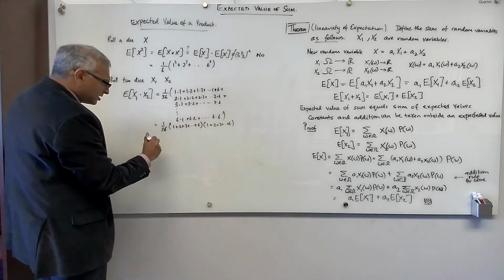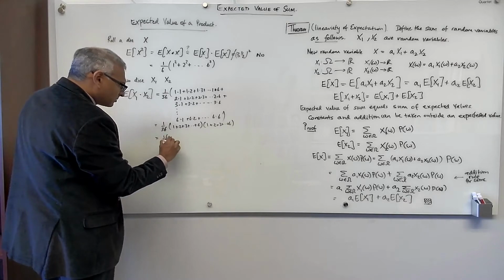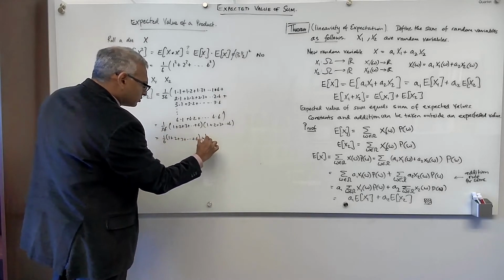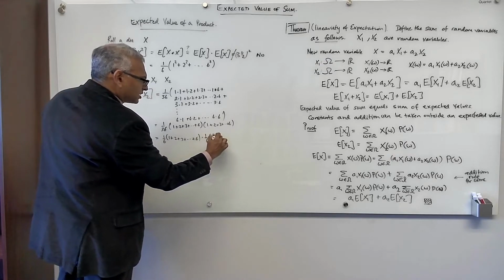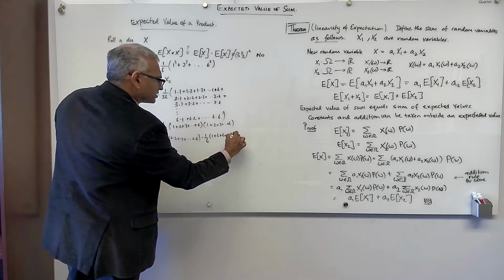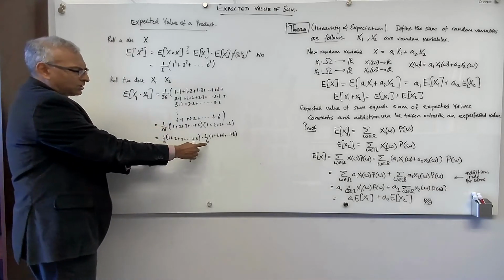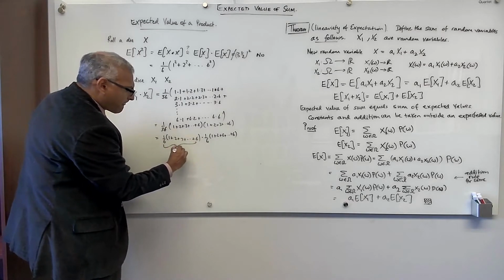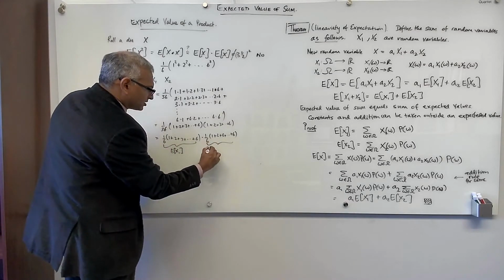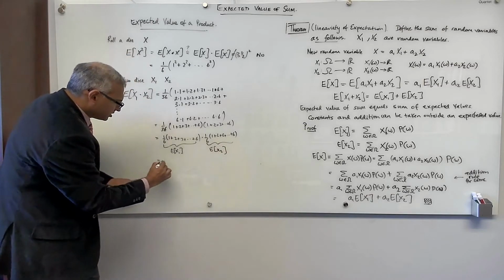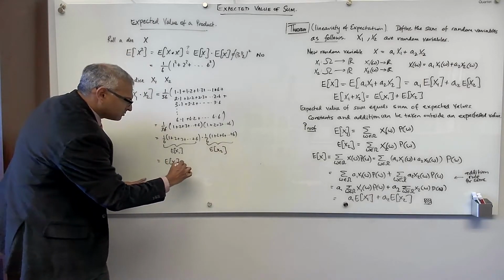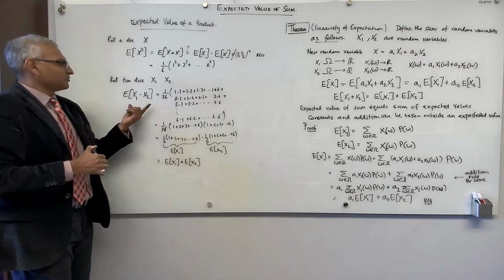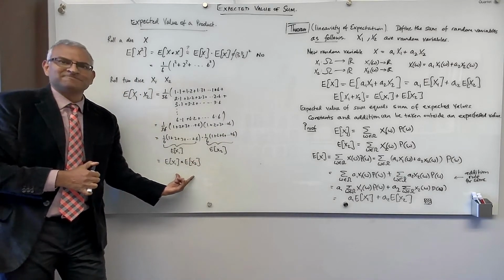But you'll see that this is exactly equal to 1 over 6 times 1 plus 2 plus 3 up to 6, times 1 over 6 times 1 plus 2 plus 3 up to 6. I just broke up the 1 over 36 into two 1 over 6s. But this is exactly the expected value of x1, and this is exactly the expected value of x2. And so this is the expected value of x1 times the expected value of x2.